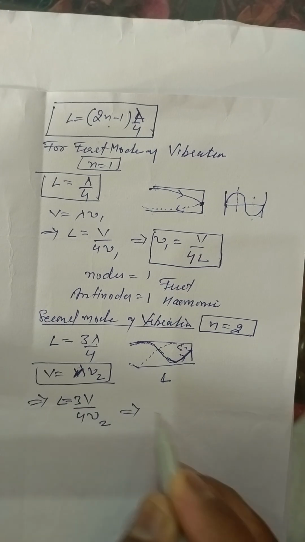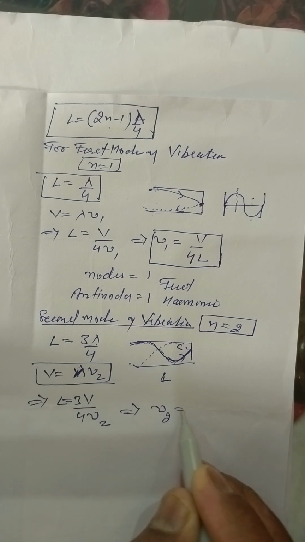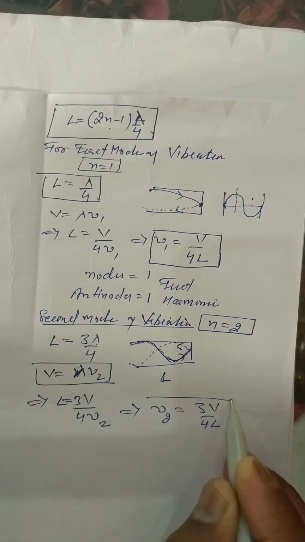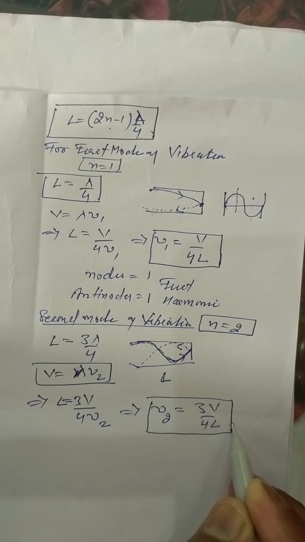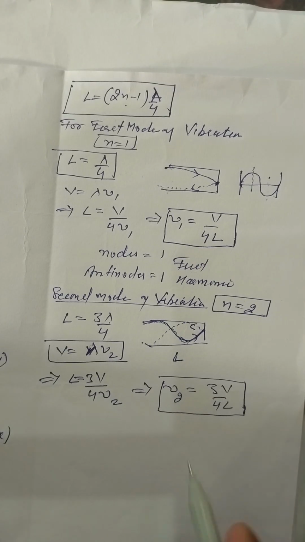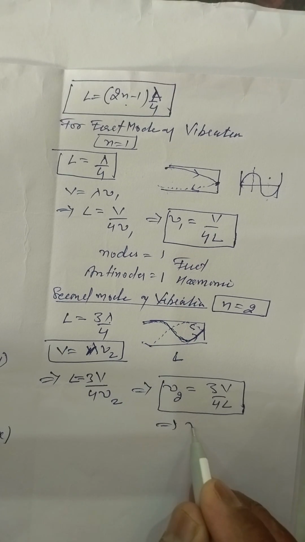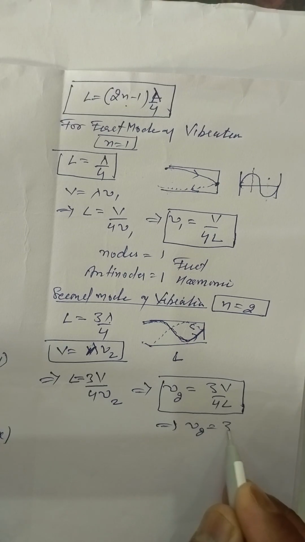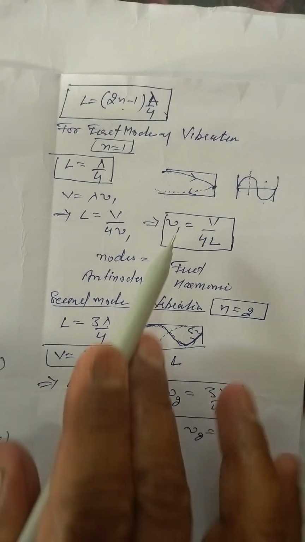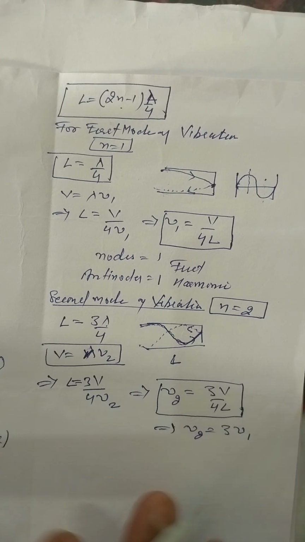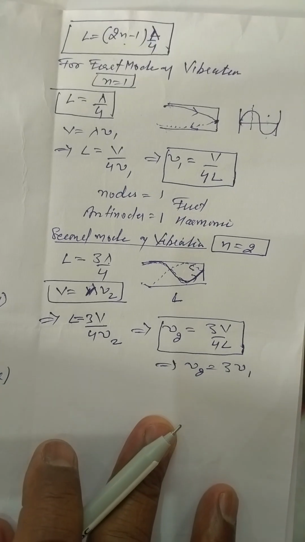So this implies that the second frequency will be equal to 3 V upon 4L. So this is the second mode of vibration. So you are finding here that nu 2 will be equal to 3 into nu 1. It is clear that nu 2 is equal to 3 into nu 1 after comparing with this, because this is 1 upon 4 and this is 3 upon 4.